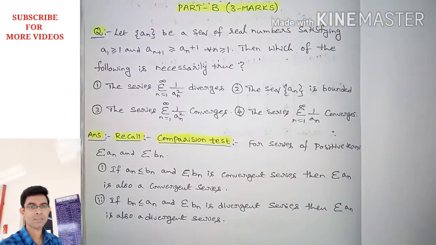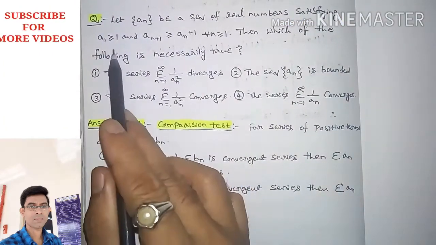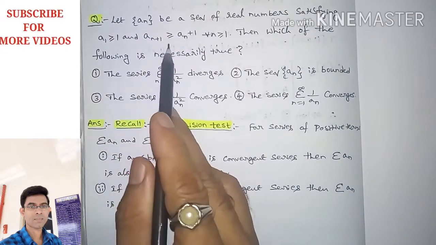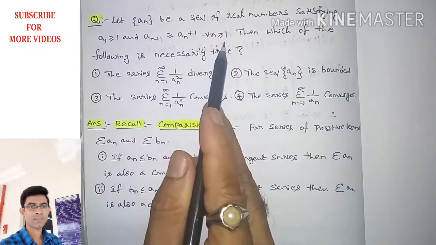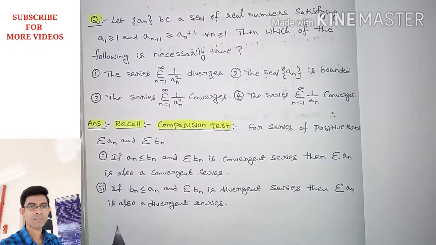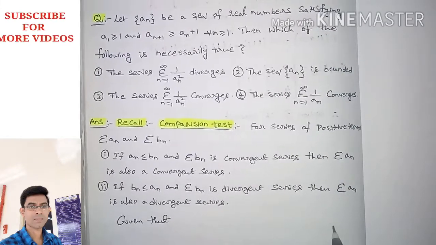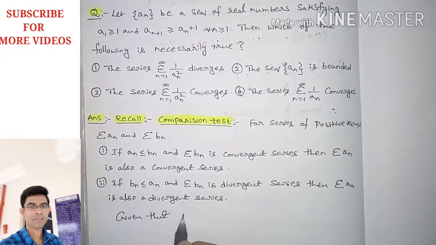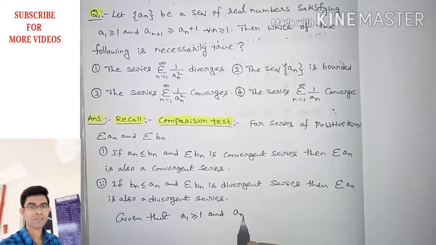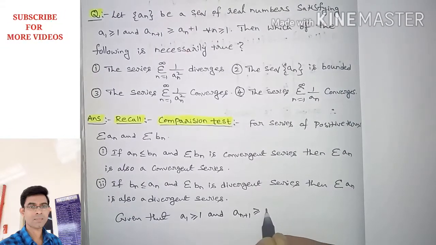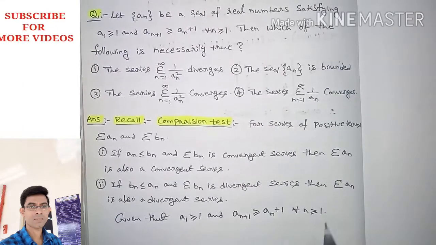Now coming to the solution of this problem, given that a_1 ≥ 1 and a_{n+1} ≥ a_n + 1 for all n ≥ 1.